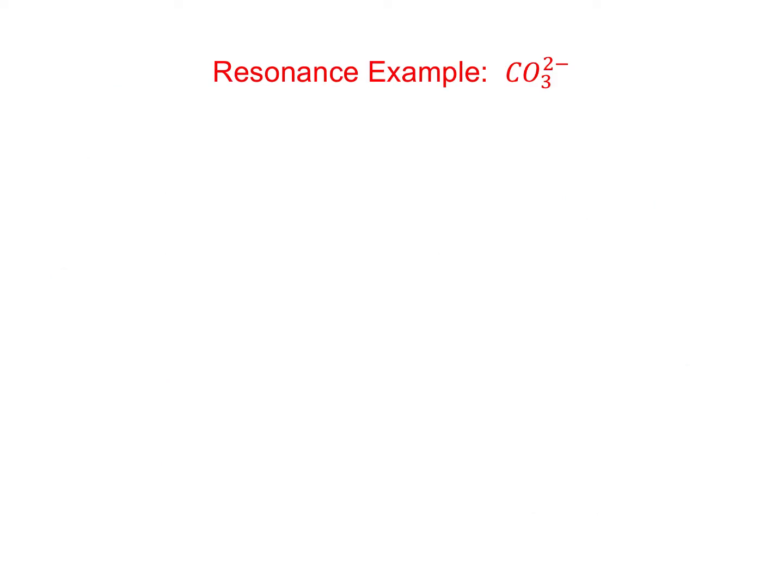All right, as an example, let's draw the resonance structures we can for the carbonate ion. So carbon is the least electronegative atom, so it's going to be our central atom. So we'll have carbon, oxygen, oxygen, oxygen. For our electrons, the carbon is going to give us 4.